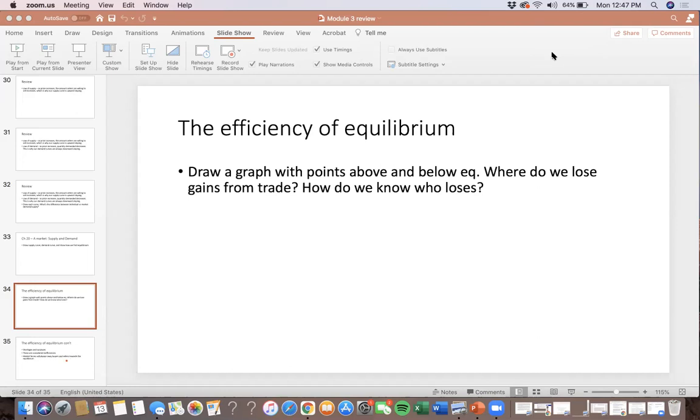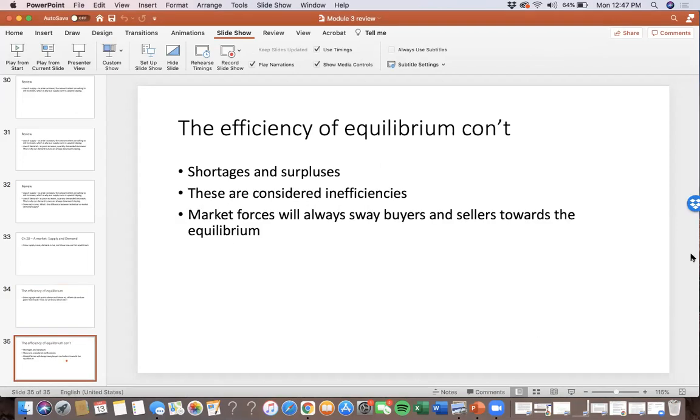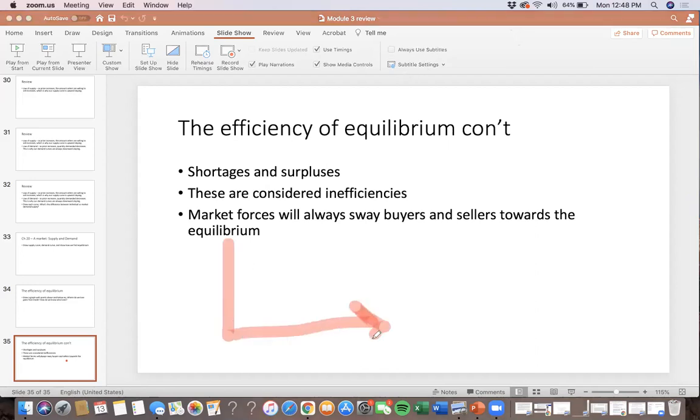All right. And so lastly, I just want to point out that if we do have disequilibriums in the market, our natural market forces are always going to push buyers and sellers back towards that equilibrium. So if I were to draw it out, it would look a little something like this. I would have my supply and demand.